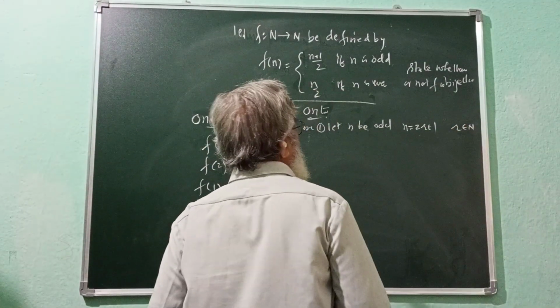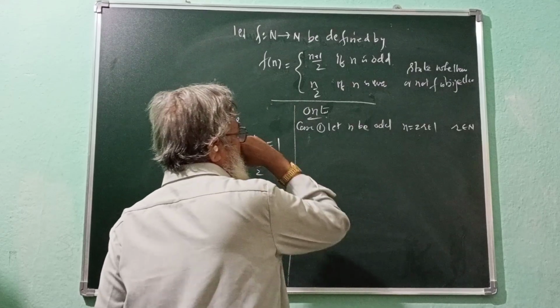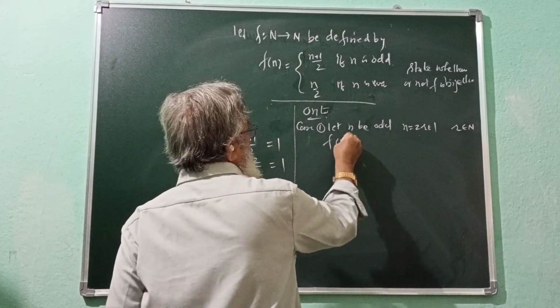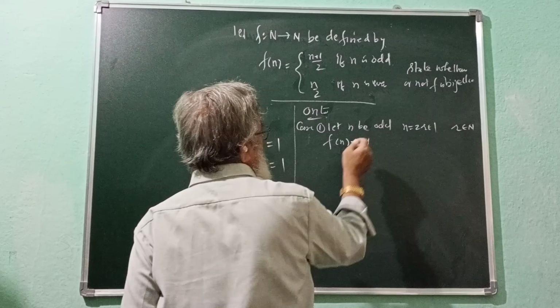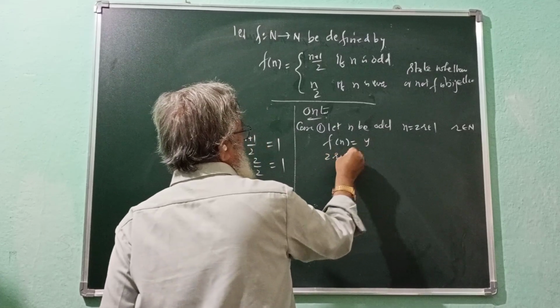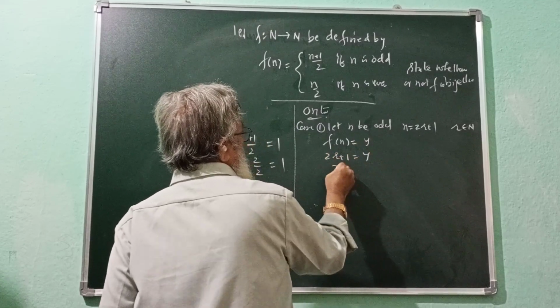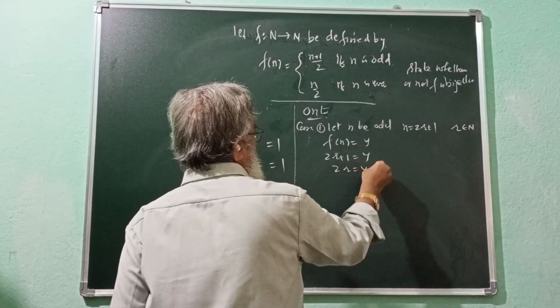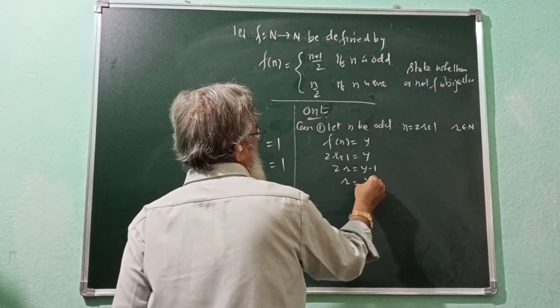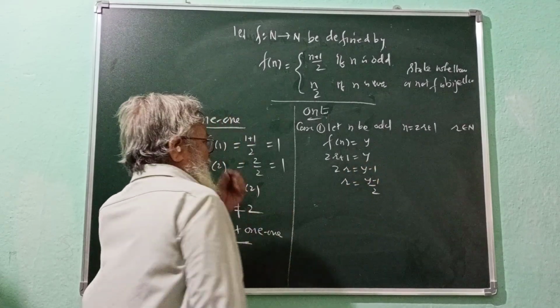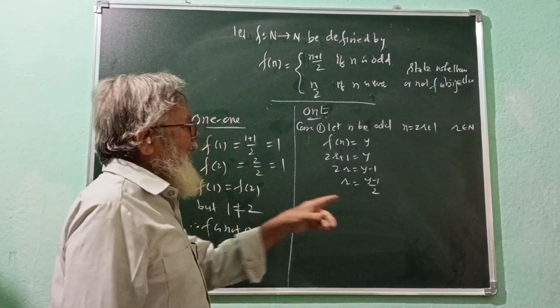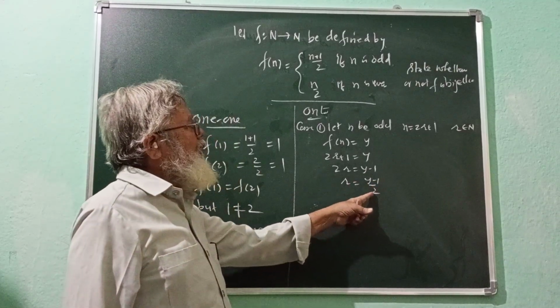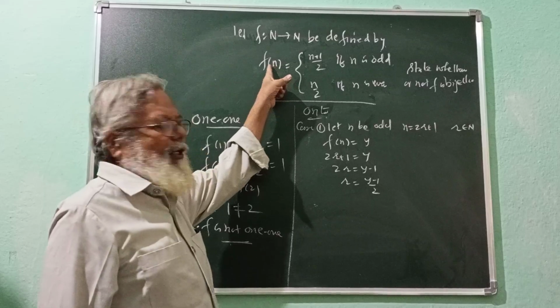Therefore, f of n is equal to y, so 2r plus 1 is equal to y, 2r is equal to y minus 1, r is equal to (y minus 1) by 2. Here we have to see whether this element belongs to the set of natural numbers or not.